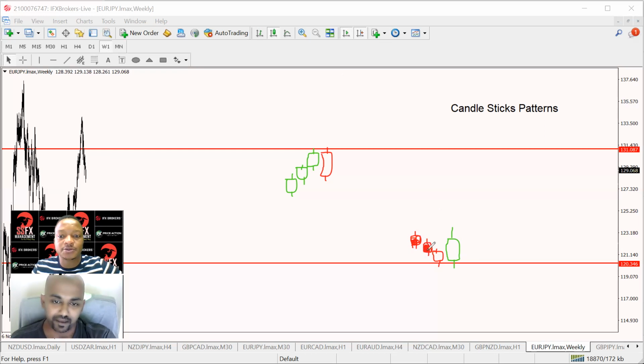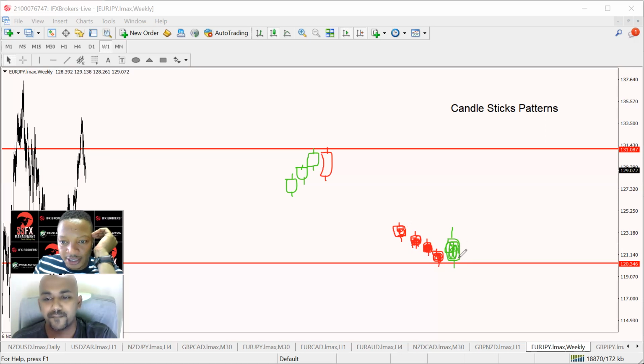These are bearish candlesticks going down. You should see three or more candlesticks pushing price down before you see a bullish engulfing candle like this one. The body of this candlestick is bigger than this body, this body, and this body.